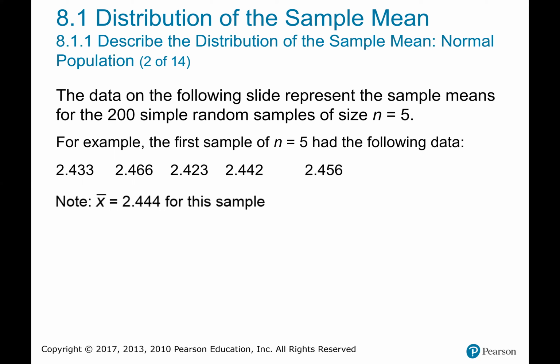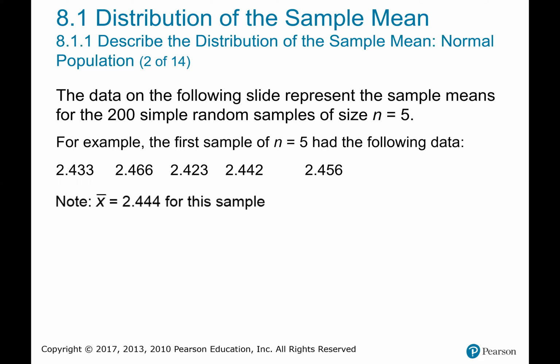For example, for the first sample of n equal 5, I choose 5 pennies, weigh each, and record the weights: 2.433, 2.466, 2.423, 2.442, and 2.456.